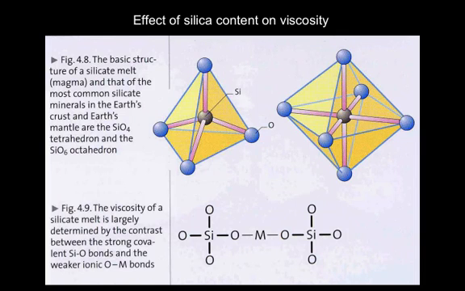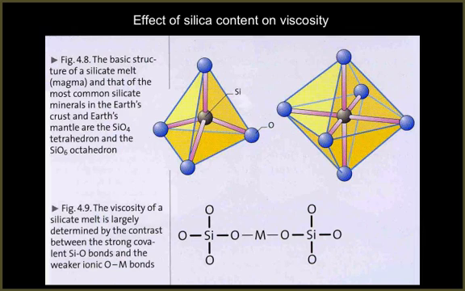The effect of the silica on the viscosity results from the effect that the silica tetrahedra that form many of the bonds in silicate minerals in these melts form networks of tetrahedra that increase the viscosity.